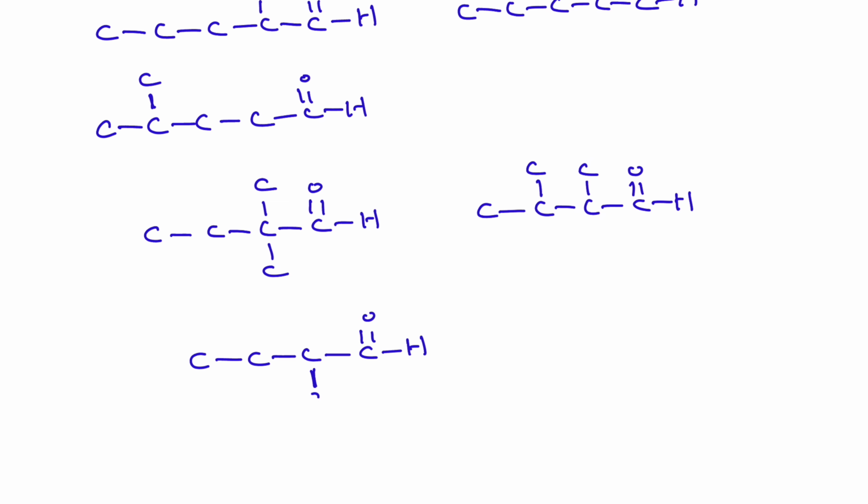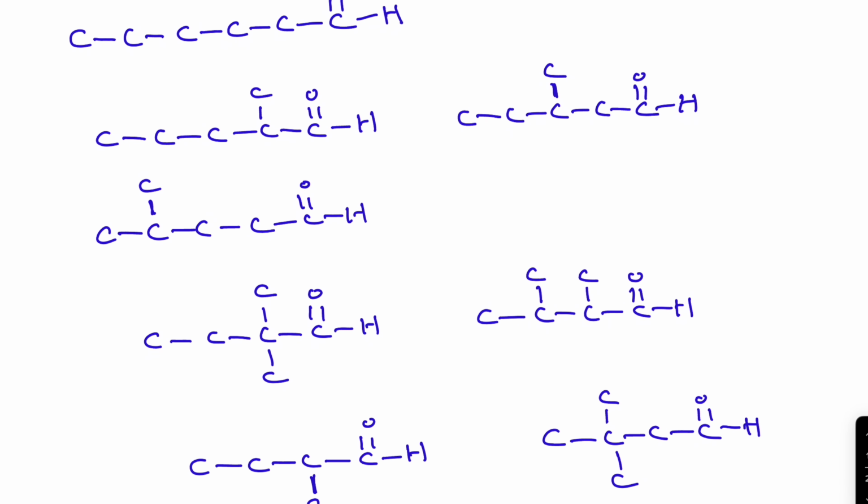If you write an ethyl group, it will become 1, 2, 3, 4, 1, 2, 3, 4. Yes, this is also a 4 carbon chain. So 4 carbon chain with 2 methyl groups immediately, 4 carbon chain, 2 methyl groups. I missed 1 4 carbon chain like this, 2 methyl groups here. So these are the 4 carbon chain aldehydes.